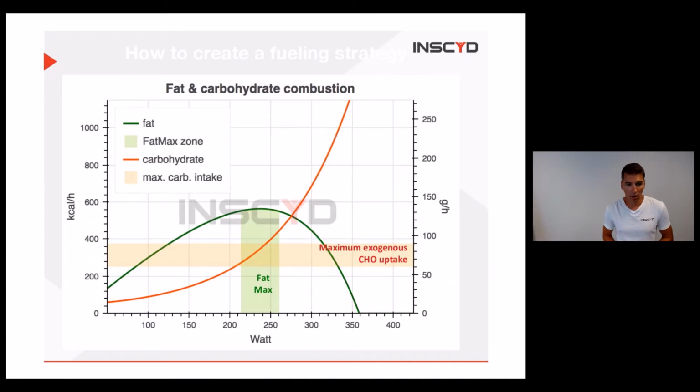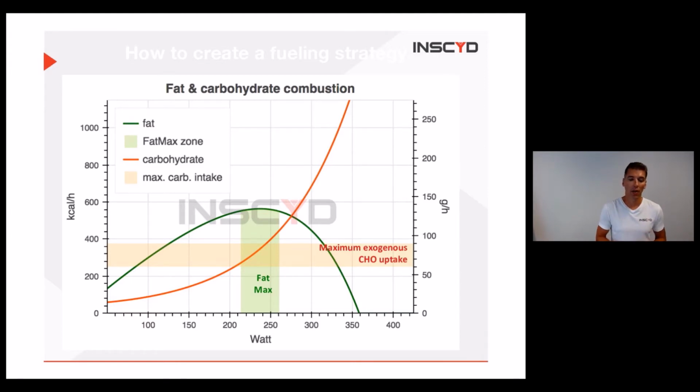Another part of the metabolic profile is looking at the substrate utilization, looking at how much of the energy, before we look at aerobic and anaerobic, is coming from fat versus carbohydrates.